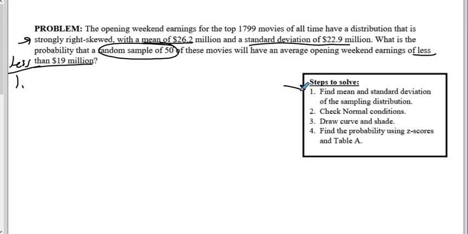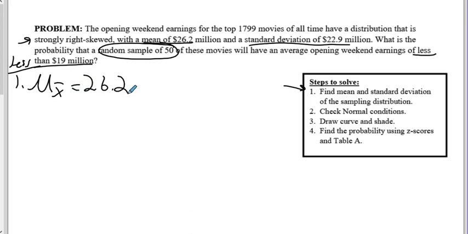Step 1, find the mean and standard deviation. Remember, we use that funky U. Remember that the sample mean is the same as the population mean. So looking up here, the mean is 26.2.